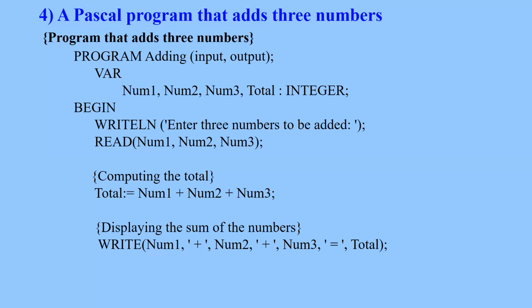So this statement will display something like, for example, if you are prompted for a value and the user entered 20 as number 1, and for number 2, the user entered 30.